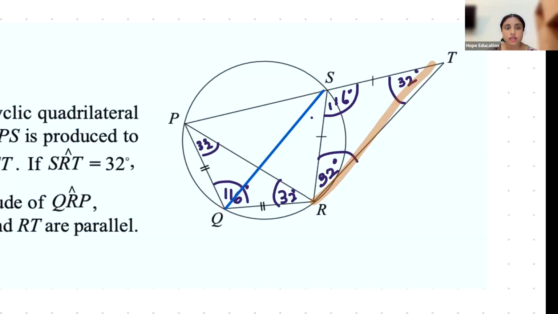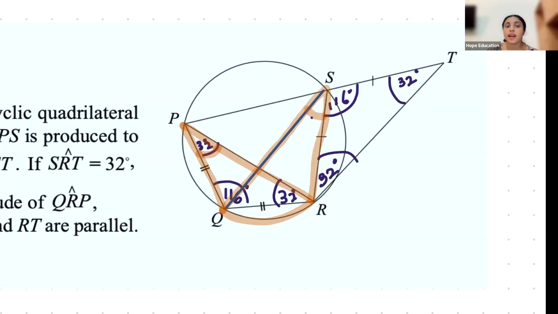Because I want to show you all something. If you look at the arc QR, an angle subtended by an arc to the circle is QPR, which is 32 degrees. That same arc QR also subtends another angle on the circle, that is QSR.